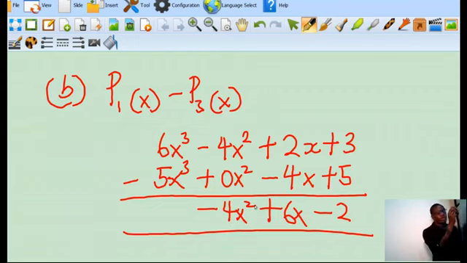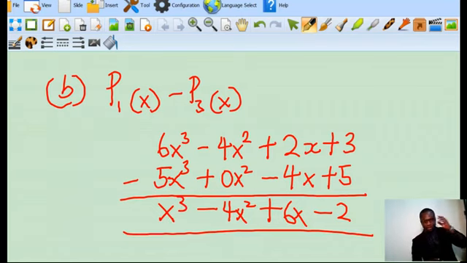Now 6x cubed minus 5x cubed, that is x cubed. I think you understand it the way I've done it here.